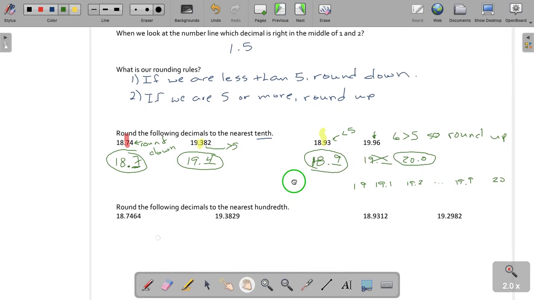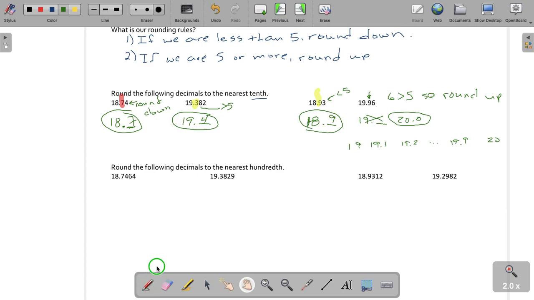Okay, round this to the nearest hundredth. Okay, the hundredth is the second. We have tenths, we have hundredths. Okay, so I know in my work that I'm going to have 18 and, whoops, let me get rid of that there, 18 and, that decimal is going to be there, and I'm rounding to the nearest hundredth, so we have to have 2 spots.